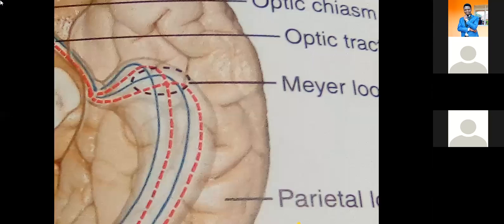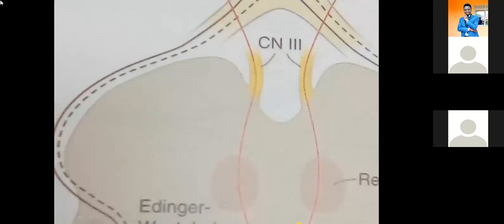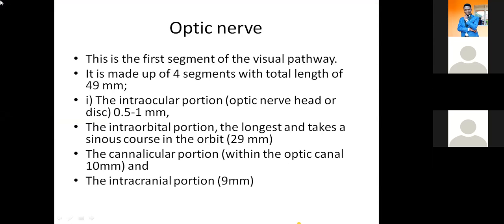The optic nerve is the first segment of the visual pathway and is made up of four portions. The first, intraocular portion, is about 1 millimeter in length. The second portion, which is the longest, courses within the orbit, and is S-shaped to make the optic nerve flexible as the eyeball moves.